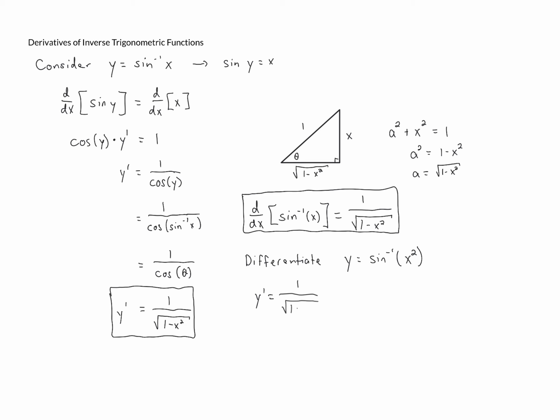But u is x squared here, so that's going to be x squared squared under that square root. And then because we're using the chain rule, we have to multiply by the derivative of the inside. The derivative of x squared is 2x. And so we can combine those into one fraction and simplify the denominator. This gives us 2x over the square root of 1 minus x to the fourth. And that is our derivative.